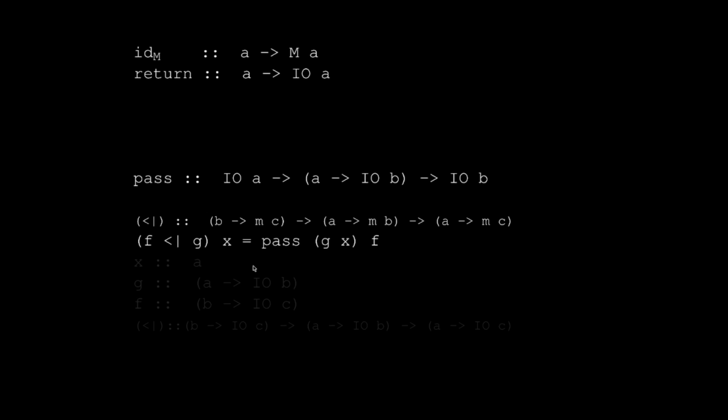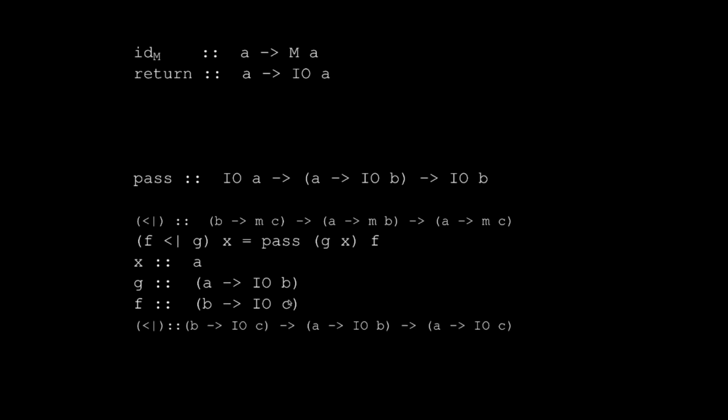Note that if we assume that x is of any type A, then g must be a function from A to I/O of some type B. Moreover, f being the second argument to pass must be a function that takes some type B and returns I/O of some type C. So the type of our monadic composition operator is the following. It takes a function from B to I/O of C and a function from A to I/O of B and returns a function from A to I/O of C, which is exactly the type of monadic composition.